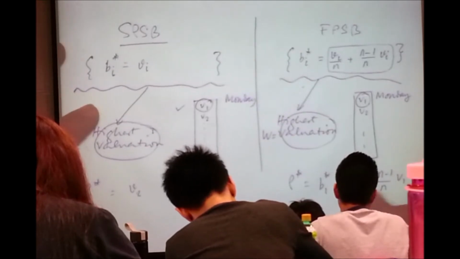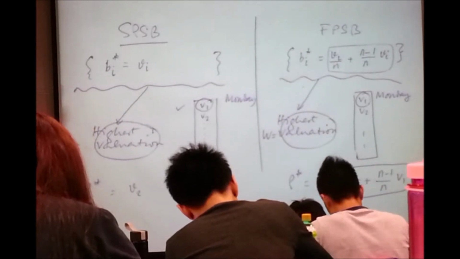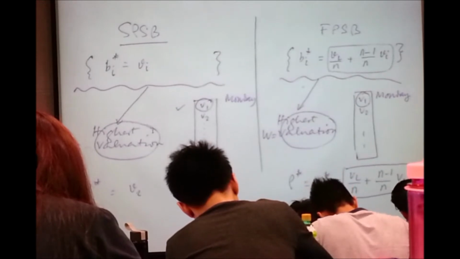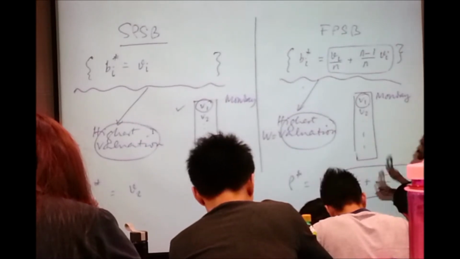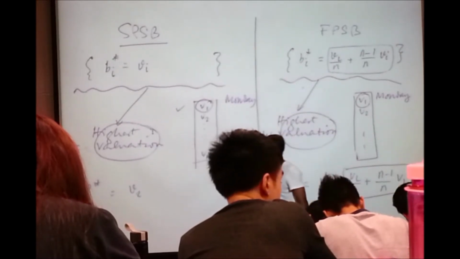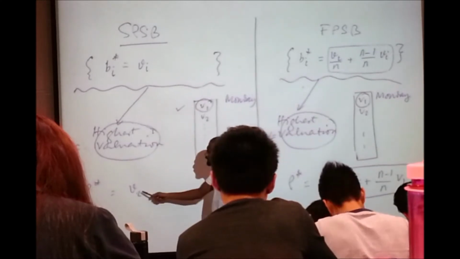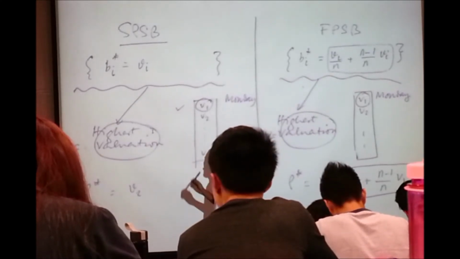Got it? This is the equilibrium price in the first price auction in my Monday class, selling the sunglasses via auction. This is the price I get. In the second price sealed bid auction, this is the price I get this time.